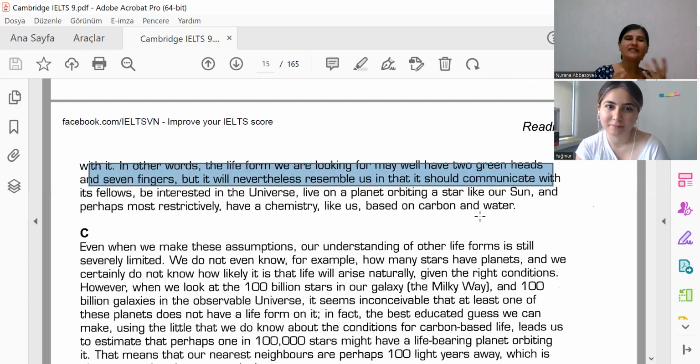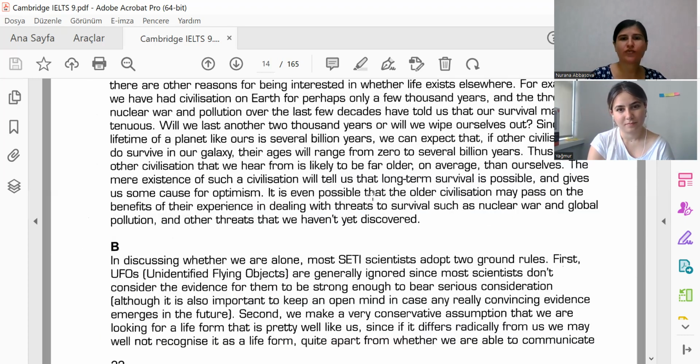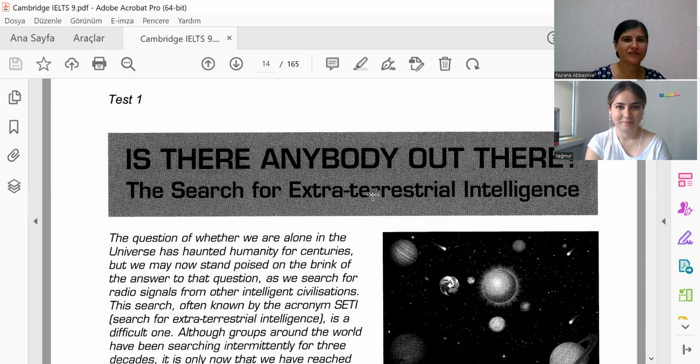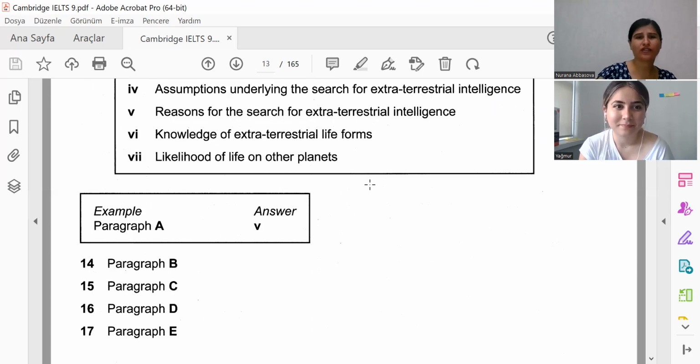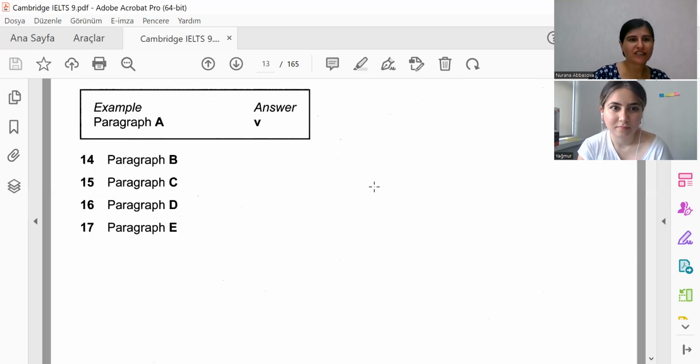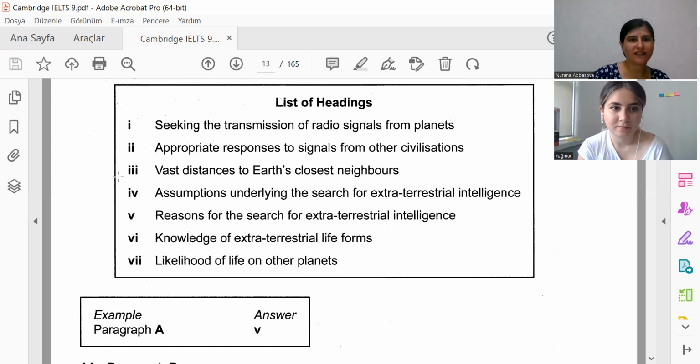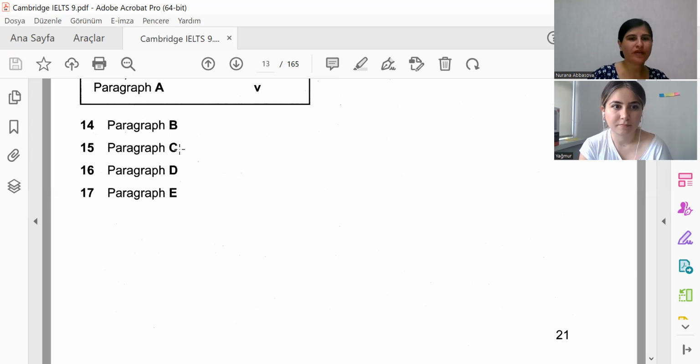So it is like assumption, and we do not have any proof to convince anybody. That's why, yes, your answer is correct. And of course, you can eliminate answers and choose the answer. It's also a very good approach, actually. Yes, paragraph B is number what? 4. Good.